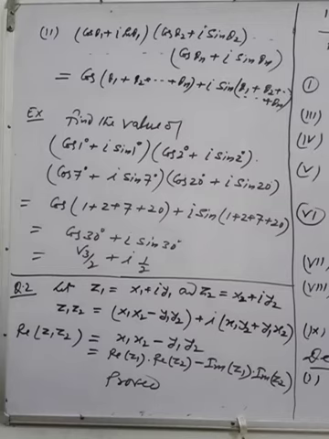So by the second law of de Moivre's, you can write cos of the sum of all angles, means 1 degree plus 2 degree plus 7 degree plus 20 degree, plus i times sine of the sum 1 plus 2 plus 7 plus 20. Now adding them you will get cos 30 degree plus i times sin 30 degree, and cos 30, what is its value? Root 3 by 2, plus i sin 30, 1 by 2. So in this way you can solve by applying de Moivre's law.